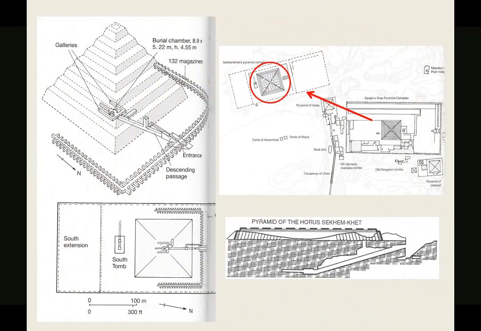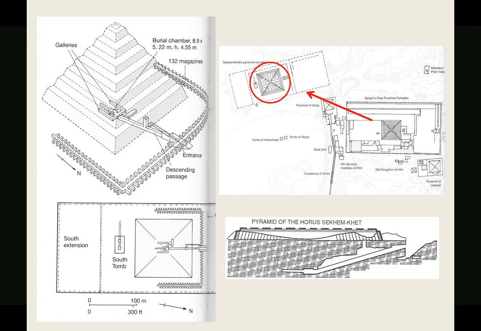It's thought that Imhotep outlived Zoser. So Zoser died, was buried in his pyramid. Nobody knows exactly where, because his mummy's gone, all his burial goods are gone, robbed. But following Zoser was Sekhemkhet.